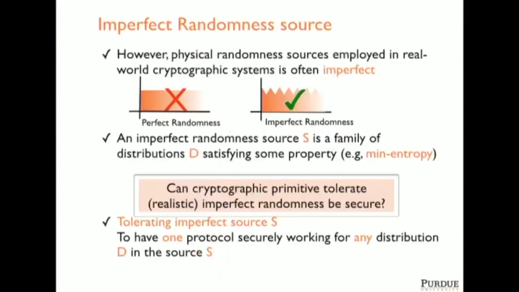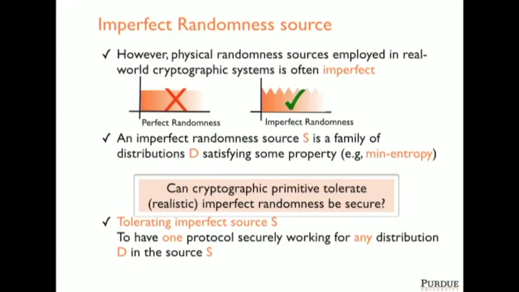However, if you go into the real world, access to the uniform random source is a very difficult thing. Most of the things that we deal with in the physical world have some kind of causal relation. So one thing is related to another thing. So maybe most of the sources that we employ for obtaining uniform randomness may not be random enough. Real sources are not perfect, not uniform random sources, but somehow imperfect sources.